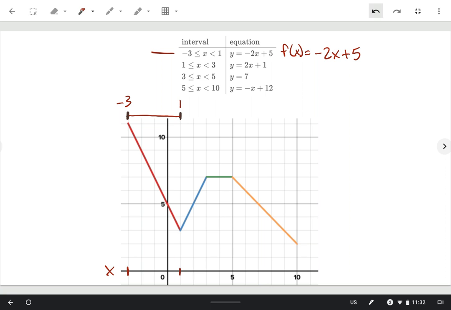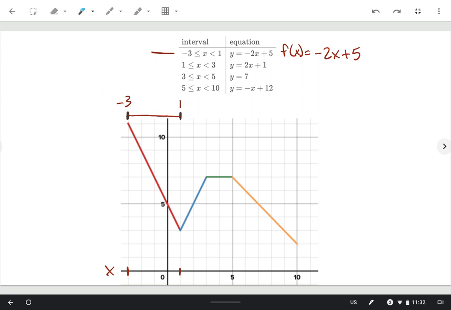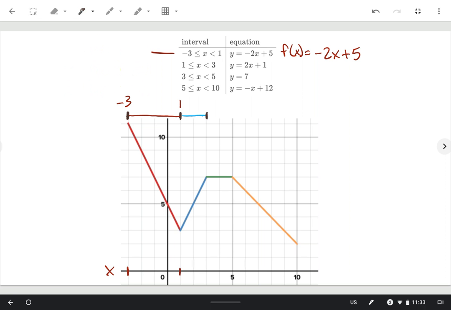So this is how these piecewise functions work. You're saying across this interval from -3 to 1, the graph of the line looks like the graph of -2x + 5. But then in the next part, from 1 to 3, the graph has a different function.